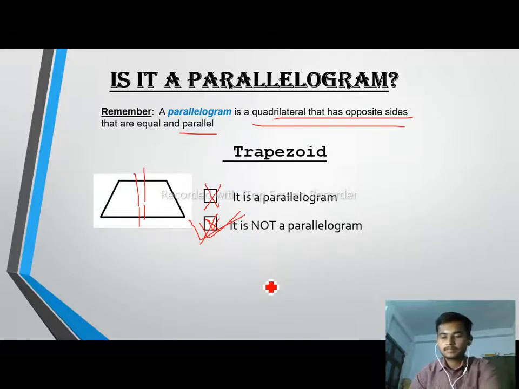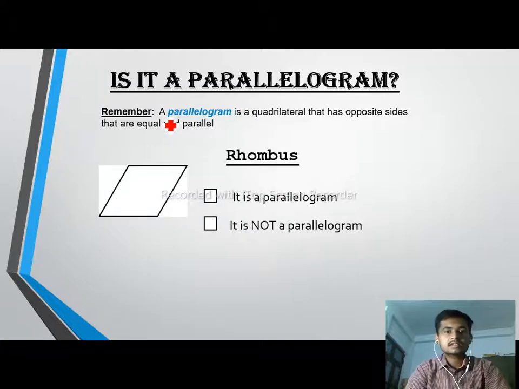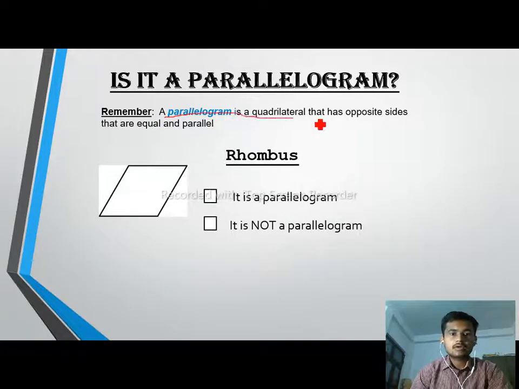Okay, let's see. Is a rhombus a parallelogram? We get the property of a rhombus: a rhombus is a quadrilateral that has all its four sides equal, and its opposite sides are parallel. A parallelogram is a quadrilateral that has opposite sides equal and parallel.